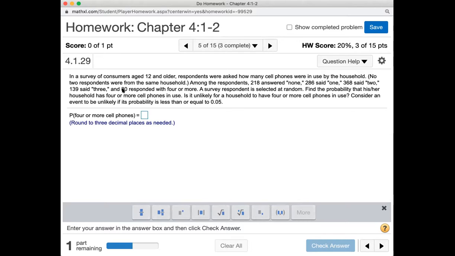That's the total number of respondents, right? So divide 80 by the total number of respondents. That's the probability that his or her household has 4 or more cell phones in use. For me, I got 0.073.